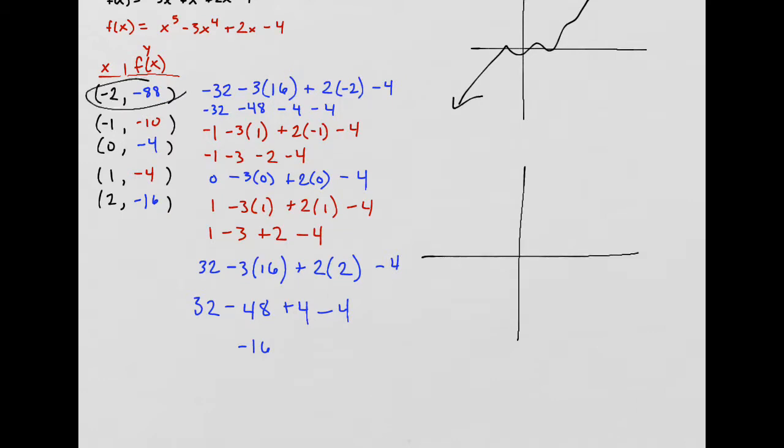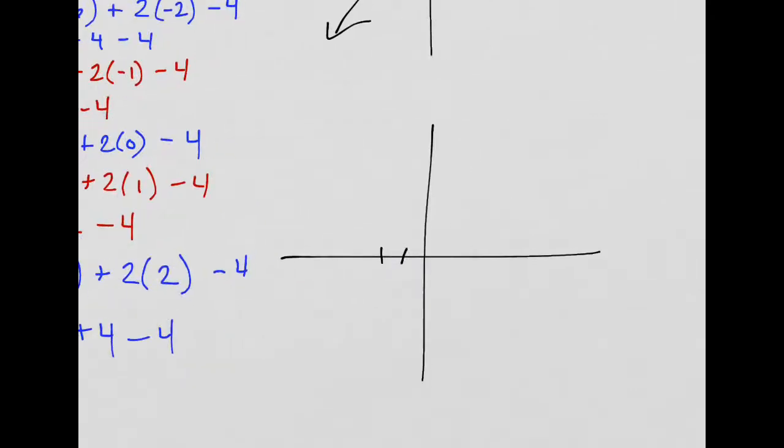So I'm not going to do this exactly, but at negative 2, I'm way, way, way far down there. I'm not even going to plot it. Negative 1, negative 10. So at negative 1, I go down to negative 10. 1, 2, 3, 4, 5, 6, 7, 8, 9, 10. Well, close, but no cigar.